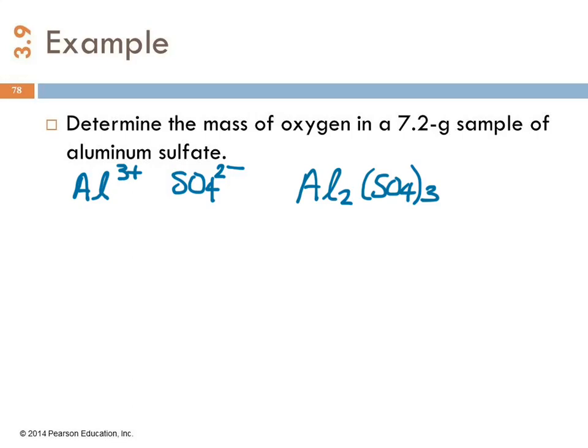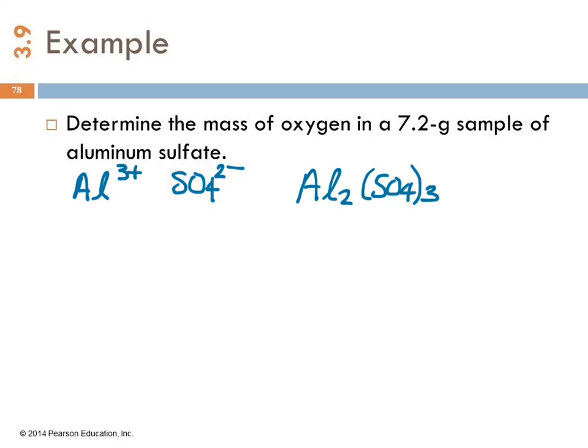There are a number of different ways you could go about solving this problem. I think what the publisher or the author intended was for us to use the chemical formula as a conversion factor.